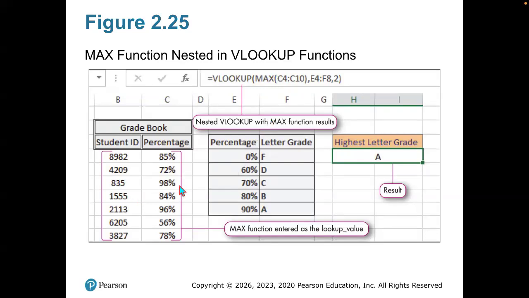If, let's say, this number looks like 98 is the highest, this would end up returning just the number 98. I plug that in, 98, through E4 through F8, comma 2, right?